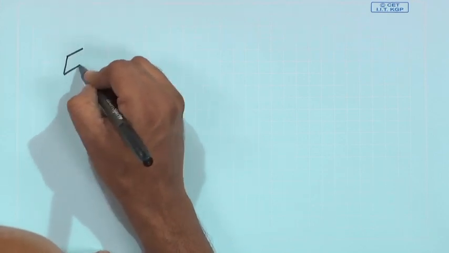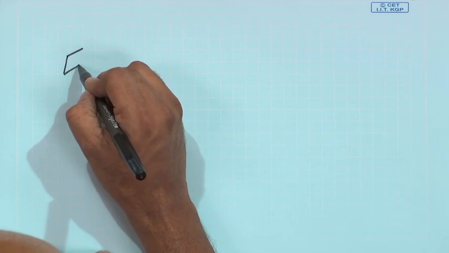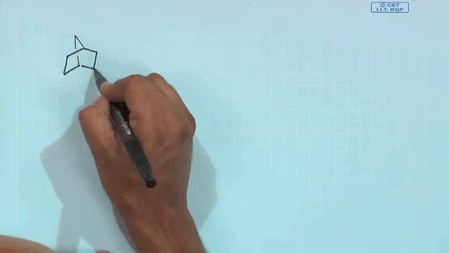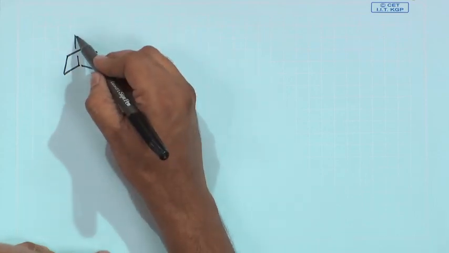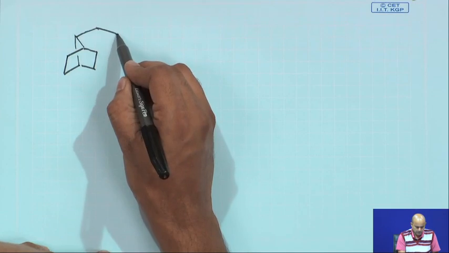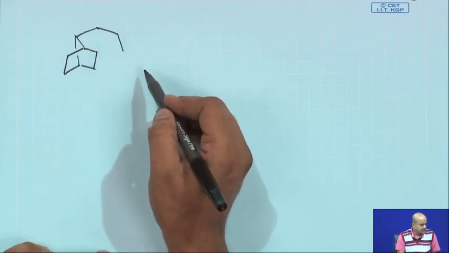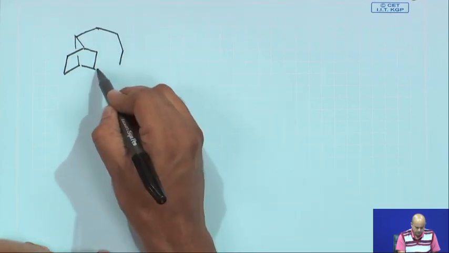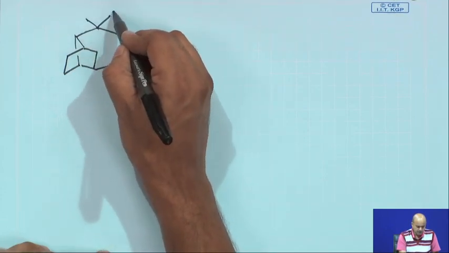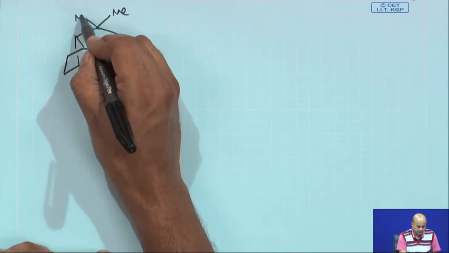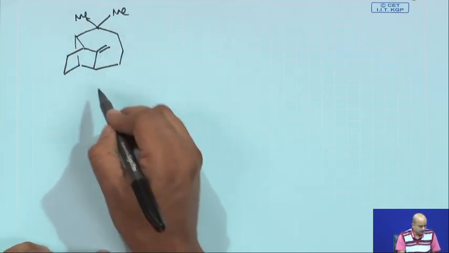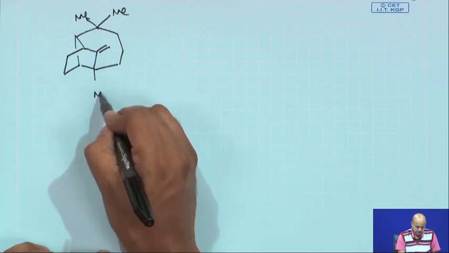The target molecule which I am now going to discuss with you is a very interesting molecule, and its structure is also very interesting. The structure has very unique topological features, and this molecule has this structure.